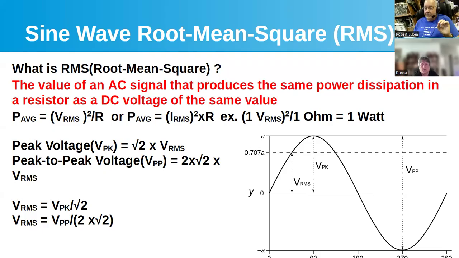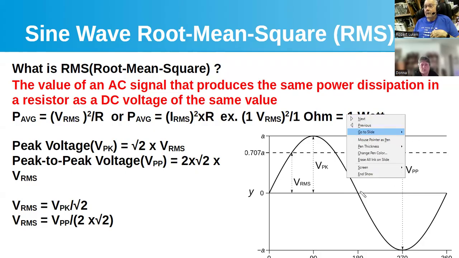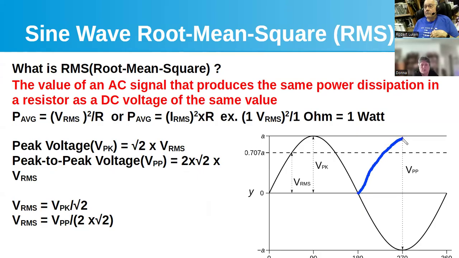Well, one way is to flip the bottom half of this sine wave up here. How do I do that? If I square it, it gets rid of the negative sign. So I've got two humps squared. Now I can take the mean of the square of the two humps.